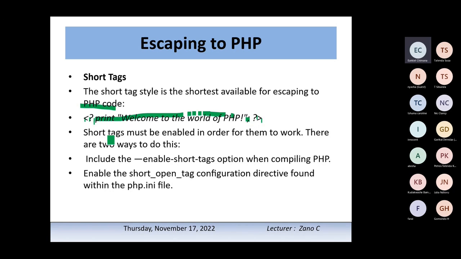As the PHP code. So short tags must be enabled in order for them to work. So there are two ways to do this. Include the enable short tags option when compiling the PHP, or enable the short open tag configuration directive found within the php.ini file. So you need to configure this so that all these tags can work.